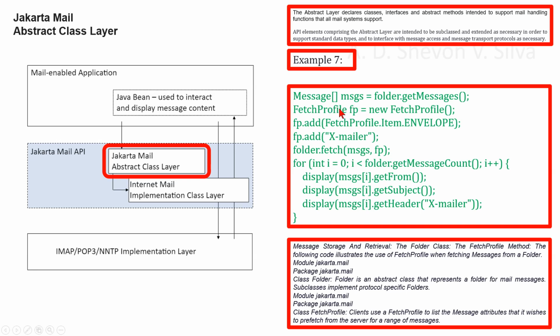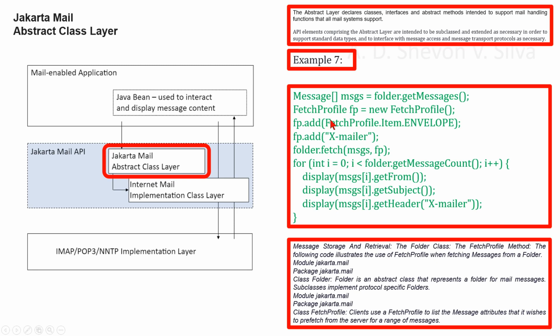The fetch profile method allows the client to list the items it will fetch in a batch for a certain message range. The following code illustrates the use of FetchProfile when fetching messages from a folder.